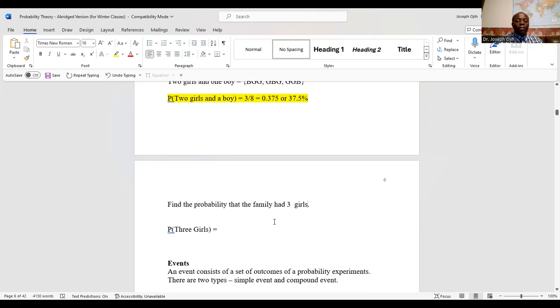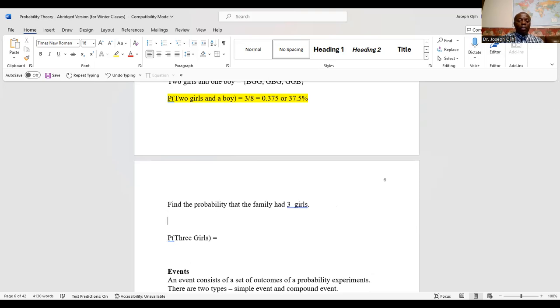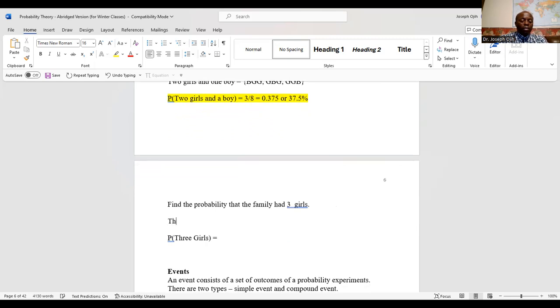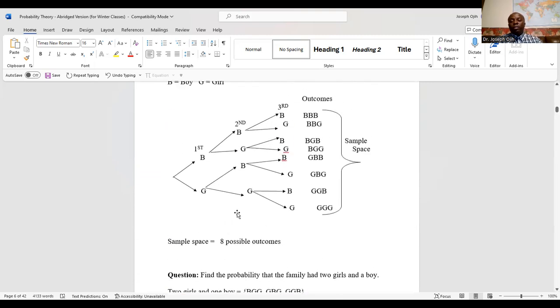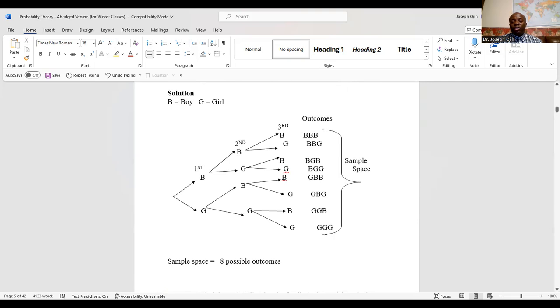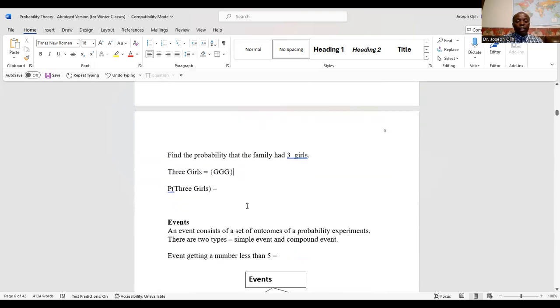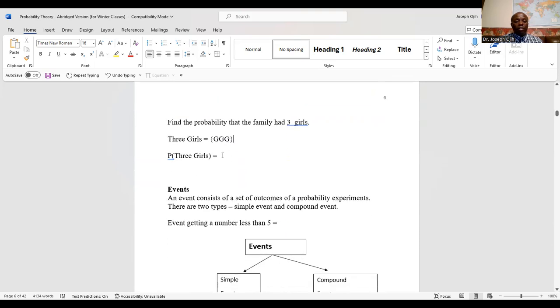Now for the outcome for 3 girls. If you look at the tree diagram, only one has 3 girls, GGG. So the probability of 3 girls is 1 out of 8 possibilities.